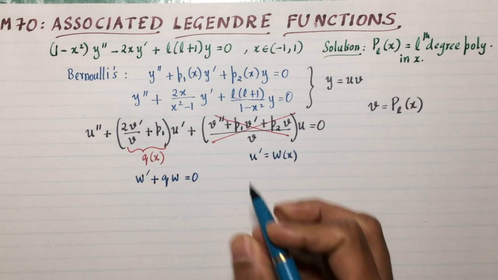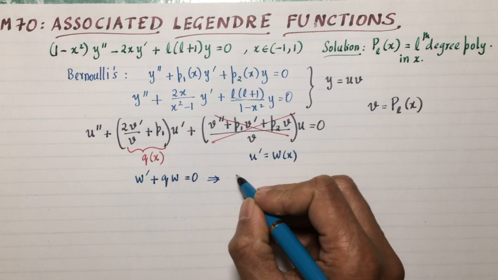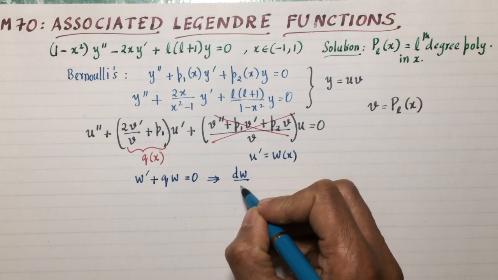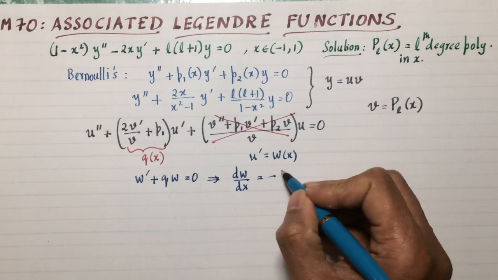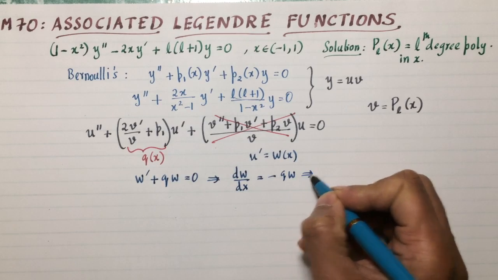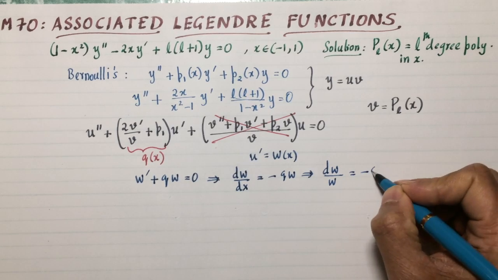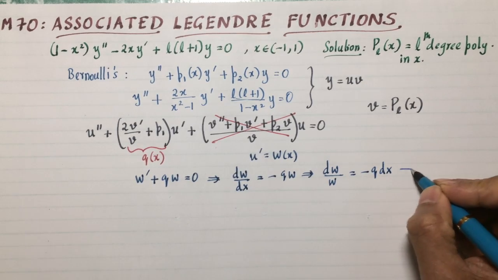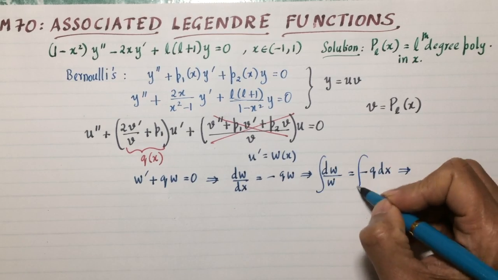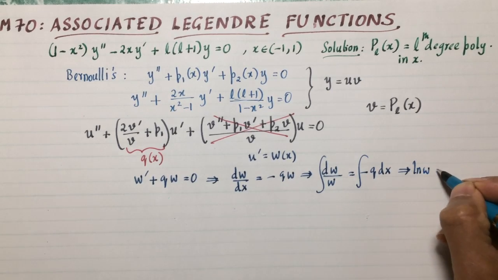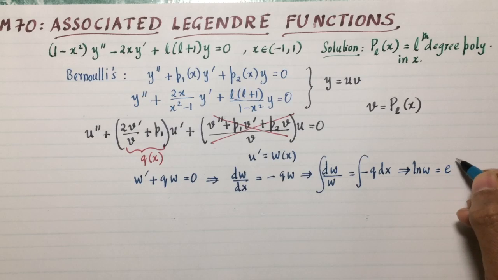Well, that's a rather easy differential equation to deal with, because that's just dw by dx equals minus q w, which can be separated, and I get dw over w equals negative q dx. And integrating both sides, I get natural log of w equals negative integral q dx.